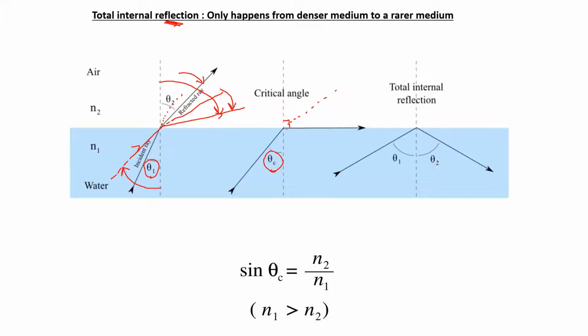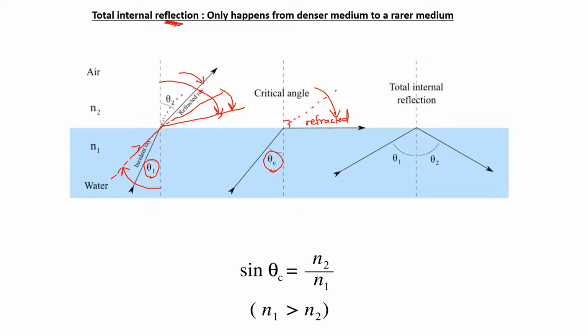So it still follows the same rule where it doesn't follow the same path. It bends away from the surface normal. So at this angle, what happens is your refracted ray, so this is your refracted ray, is now going along the surface between your two mediums.